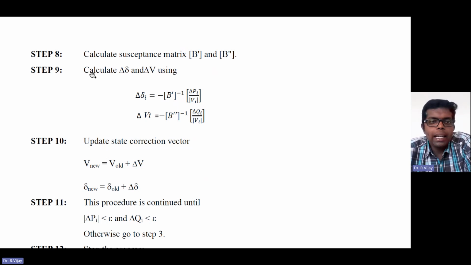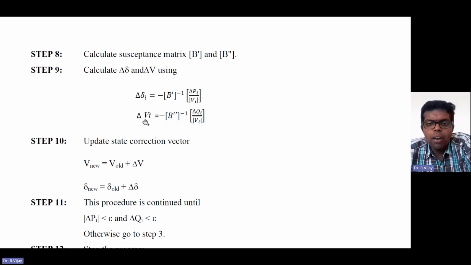Next, step number 9. Calculate the del, that is phase angle values, and del V, that is change in the voltage value. What is the formula for calculating del delta? Del delta is equal to minus B dash, that is the susceptance matrix, the whole inverse, into del PI divided by VI.